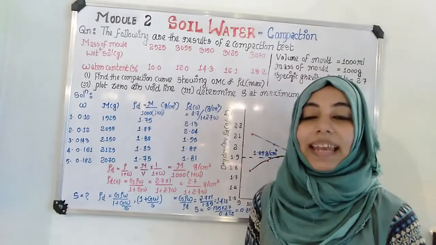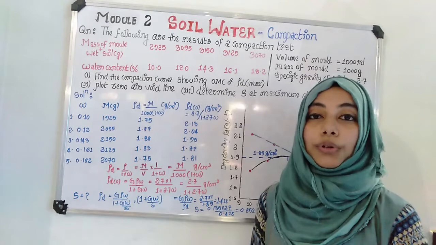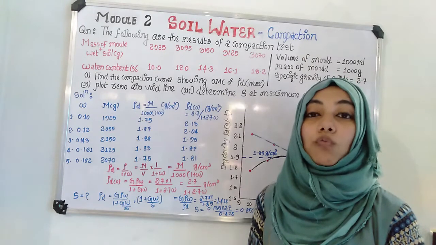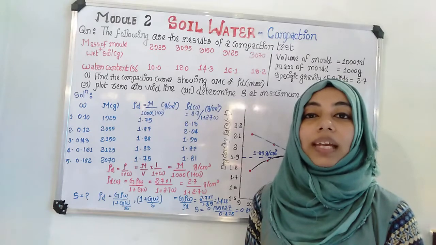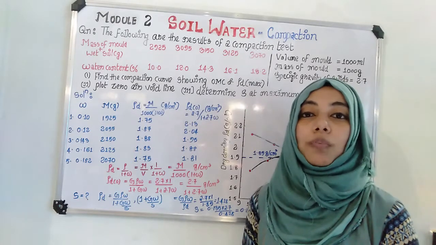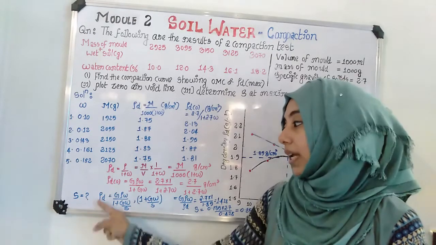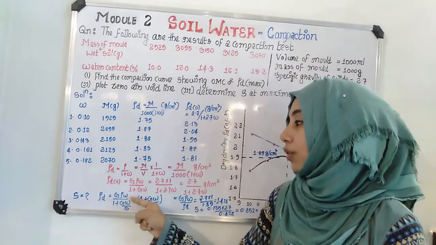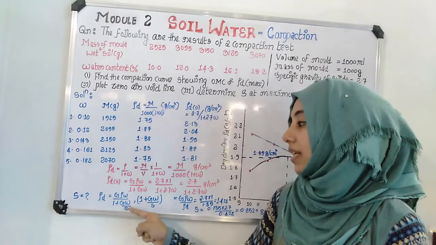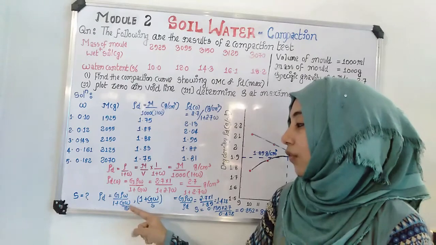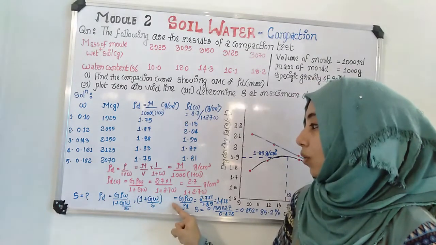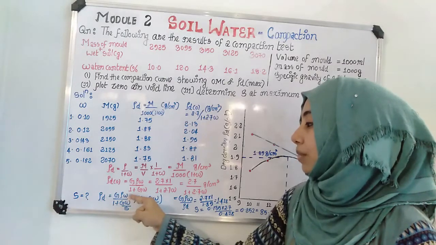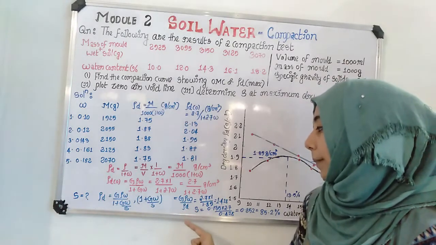We have an expression rho d equal to G rho W by 1 plus E. In this expression, instead of E, we can substitute G W by S. Then rho d is equal to G rho W by 1 plus G W by S. From this, 1 plus G W by S is equal to G rho W divided by rho d.